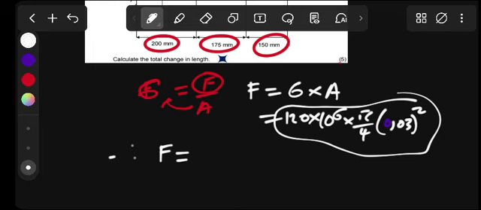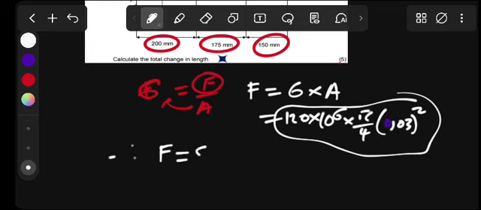So what will be the force if I punch this in? 120 times 10 to the power of 6 multiplied by pi over 4 into 0.03 squared.